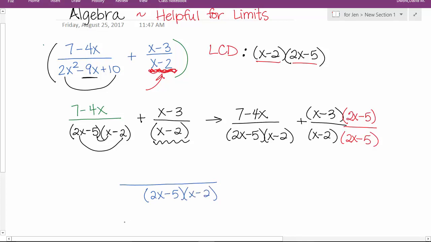My numerator will become 7 minus 4x, and I will have to distribute to figure out what all of that becomes. So plus 2x squared, if I'm just distributing here, minus 5x minus 6x plus 15.